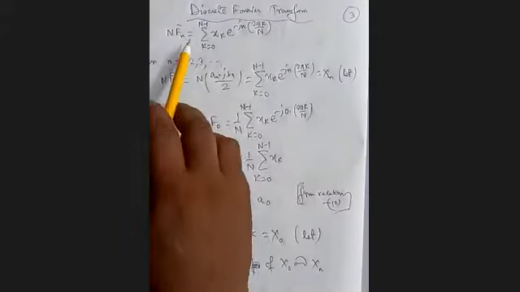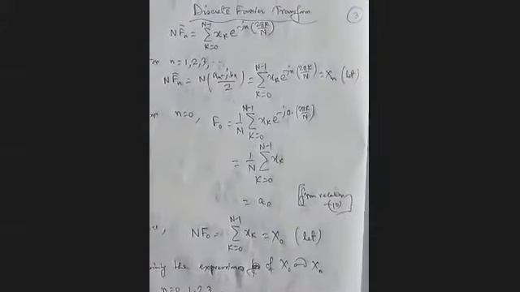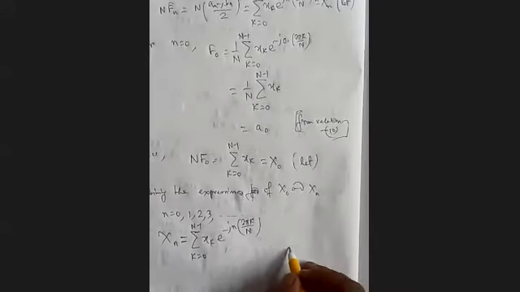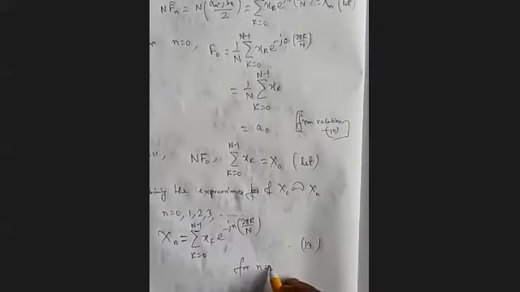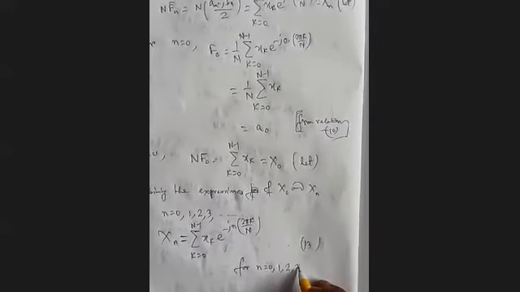Just we put x0. It's true for n not equal to 0 and n equal to 0 both. So it is our relation 13 for n equal to 0, 1, 2, 3, all such things.